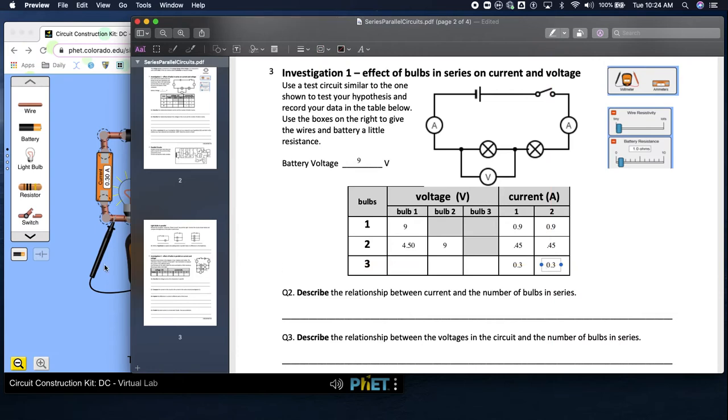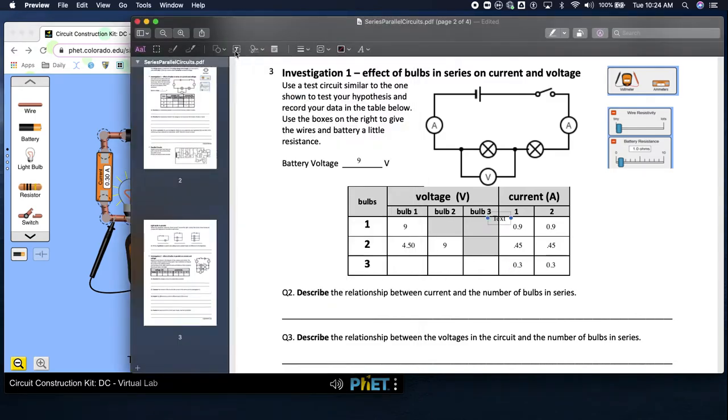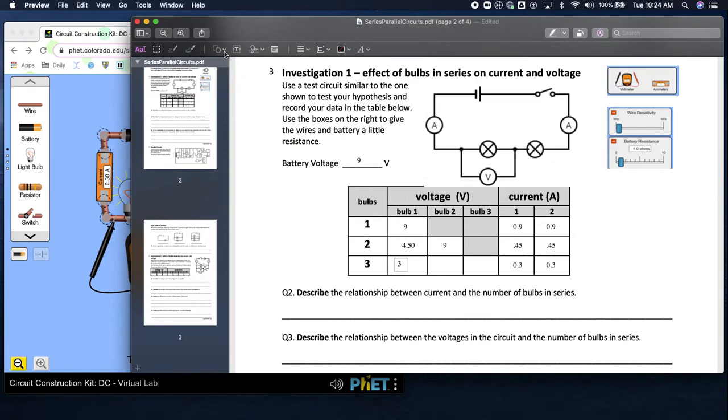Okay, now let's check our voltage. 1 light bulb is giving us 3 volts. 2 light bulbs is giving us 6 volts.